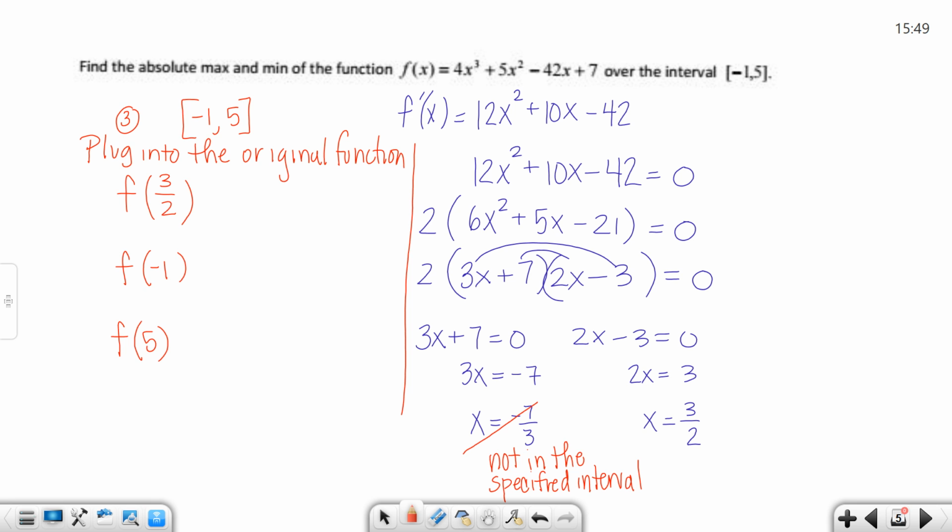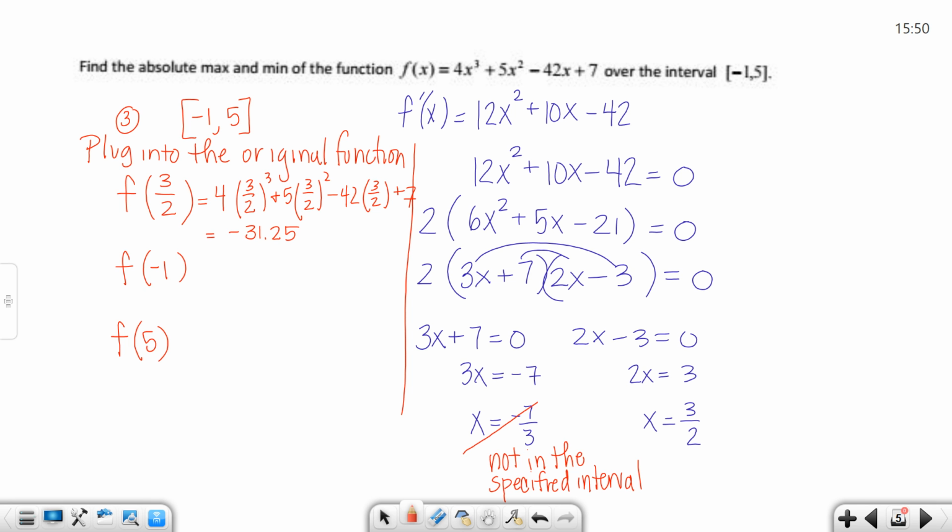Once we get these values, we plug into the original function. So if you take 3/2 and plug it in, you would have 4 times 3/2 cubed plus 5 times 3/2 squared minus 42 times 3/2 plus 7. Now if you plug all of that in, what you get for that value is negative 31.25.